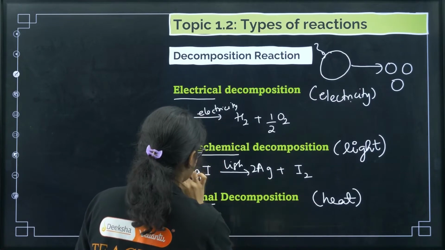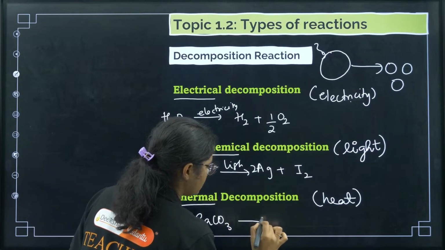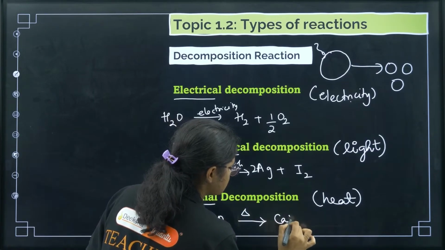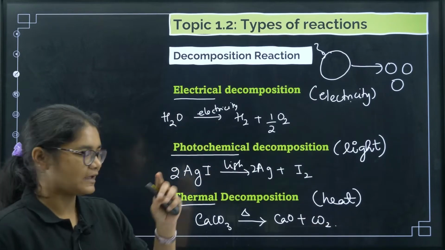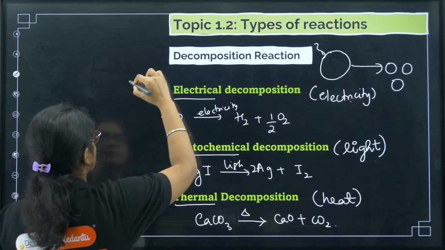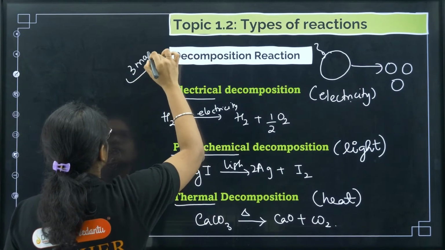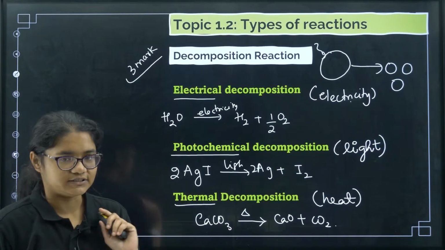I can balance it like this. Thermal decomposition: if you take calcium carbonate and heat it, you get calcium oxide plus CO2. You have to remember one example of each type. This can be a 3-mark question.